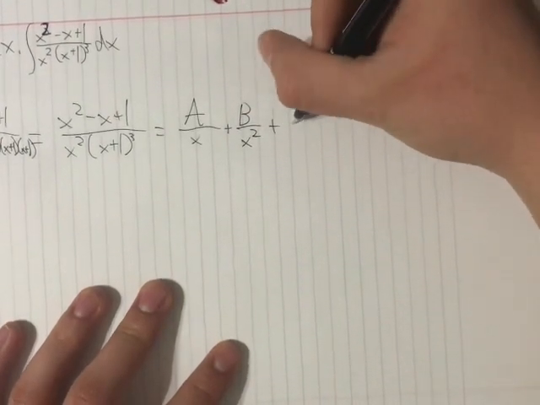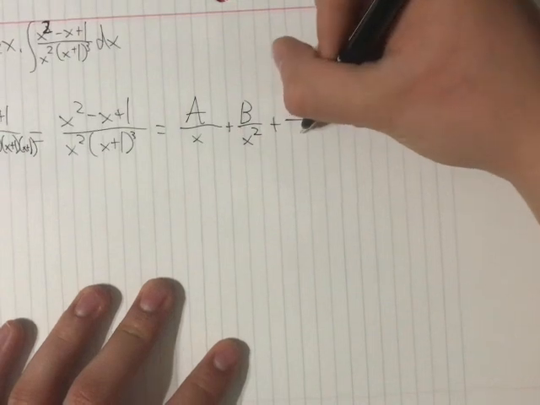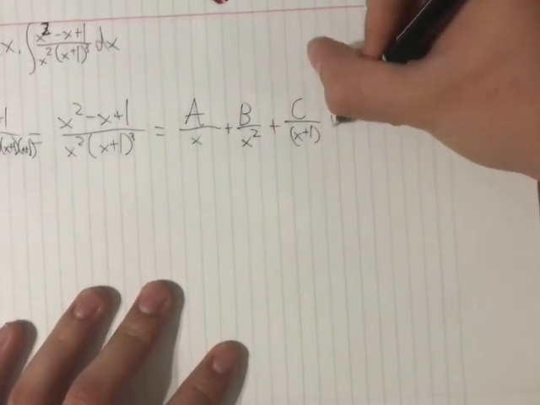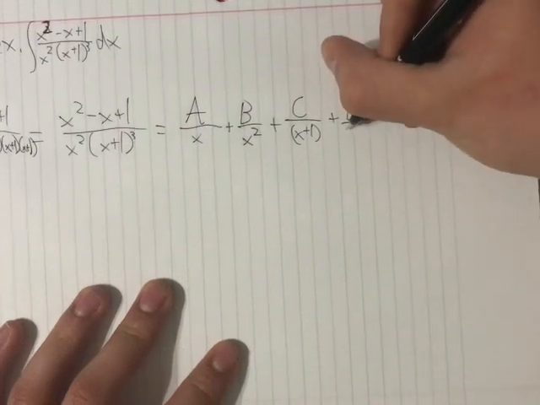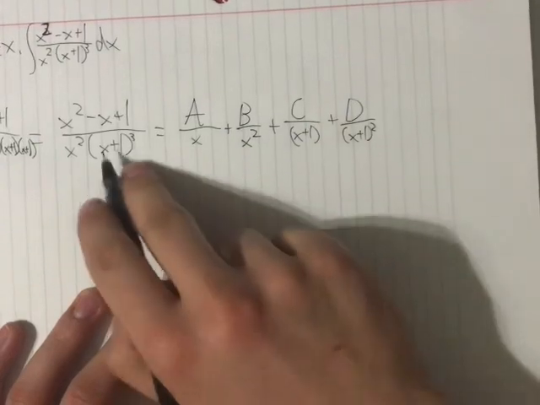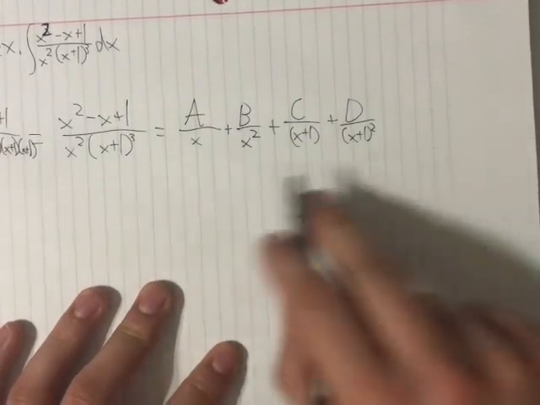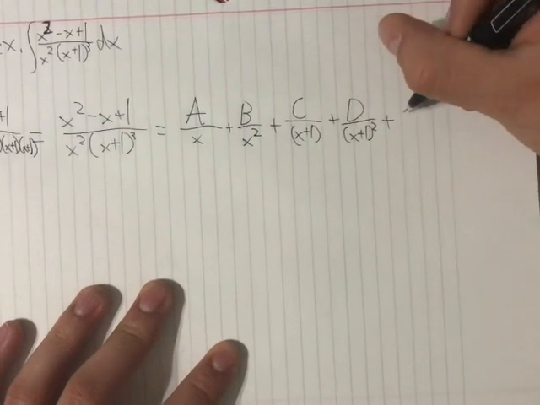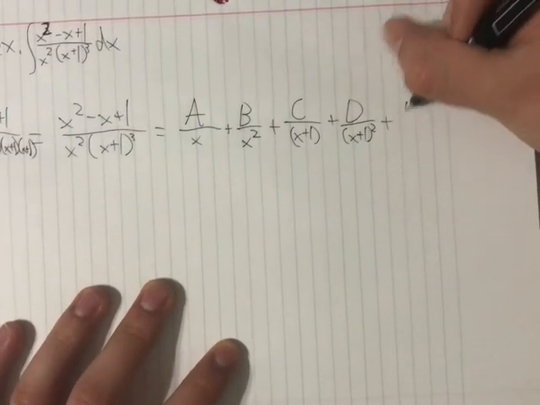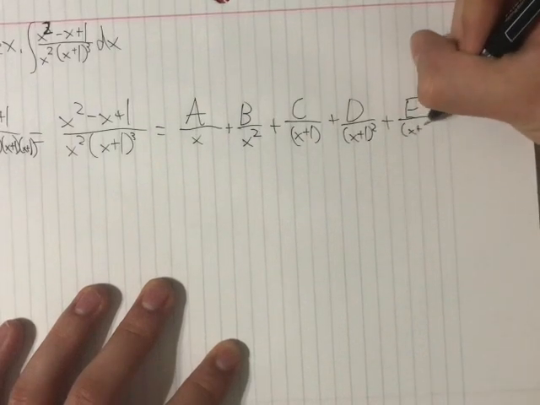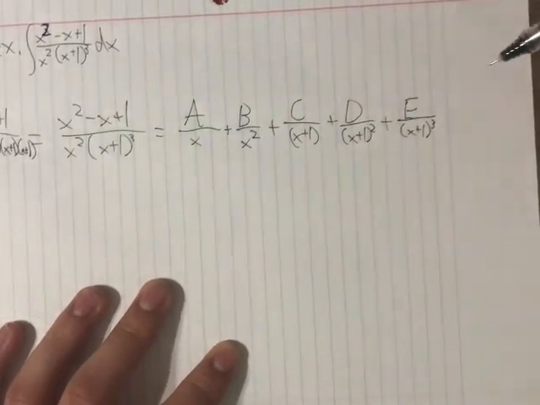So plus c over x plus 1, right? This is just 1, plus d over x plus 1 squared. See, so as we move on to the next term, we start having to add a higher and higher degree, plus e over x plus 1 cubed.